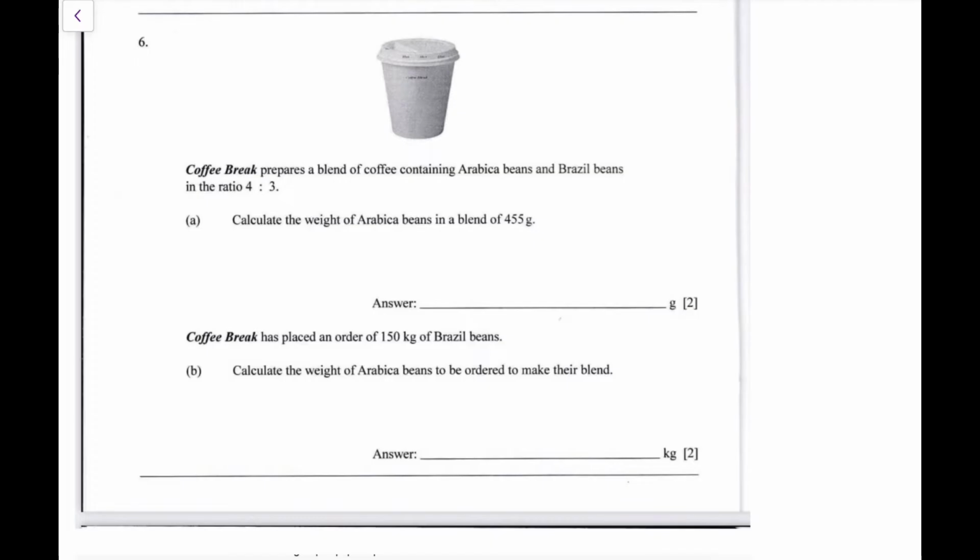So, this is a ratio question, and let's calculate the full amount of the ratio. So the ratio is 4:3. So let's add 4 plus 3, which is 7. And so now we're going to divide 455 by 7. And 455 divided by 7 is 65.